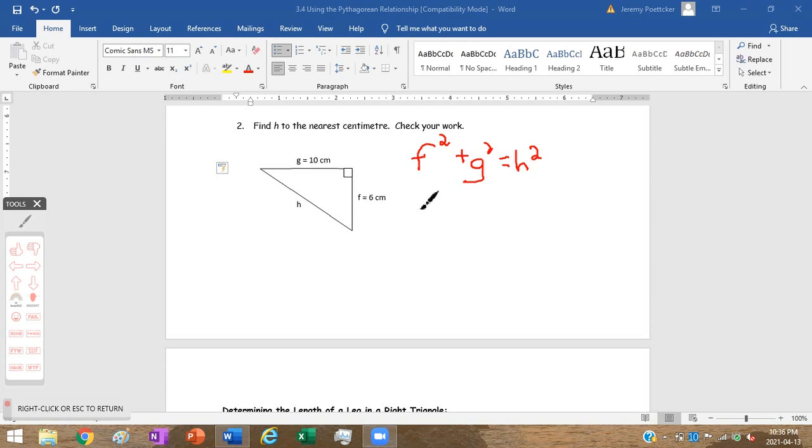So f squared is going to be 6 squared, plus g squared, which is 10 squared. That's going to be equal to h squared. Again, this is just my formula. So 6 squared is 36, and 10 squared is 100.